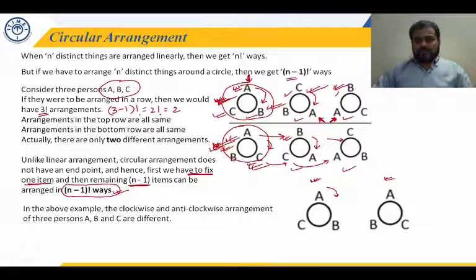Okay. And in this case, if you look at the clockwise arrangement, then it is ACB. So in this case, it is ABC clockwise. In this case, it is ACB clockwise. So here the clockwise and the anti-clockwise arrangements are different. Okay. Fine. So these will be counted as two different arrangements.